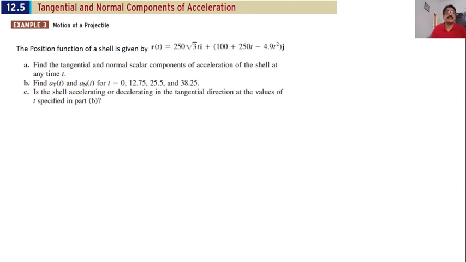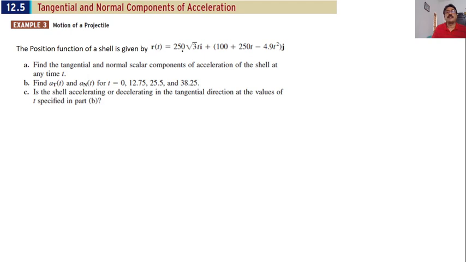This problem you can try. This is the motion of a projectile given by the formula r(t) equal to 250 root 3 t i plus (100 plus 250t minus 4.9t square) j. Here we have to find the tangential and normal components of acceleration.